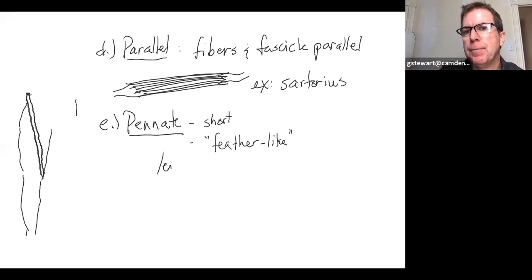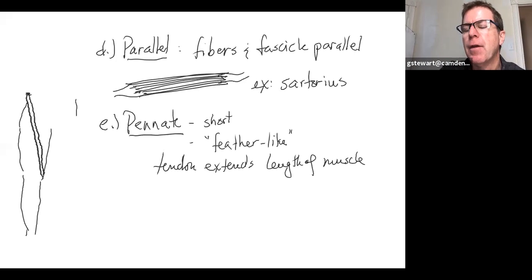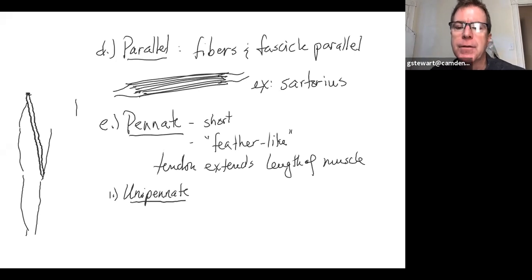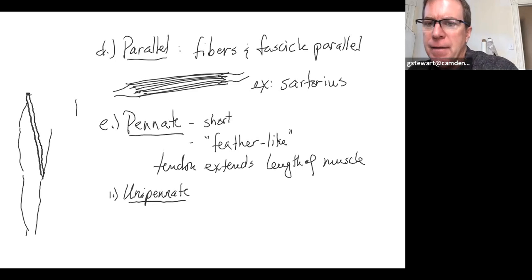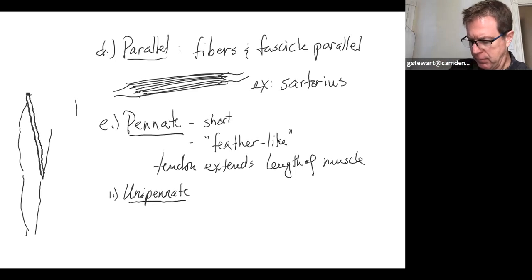Let me write that. And there's 3 subcategories to pennate. I'm just going to write one, unipennate. I'll describe what that is, just to cut to the chase. There's uni, bipennate, and then multipennate.